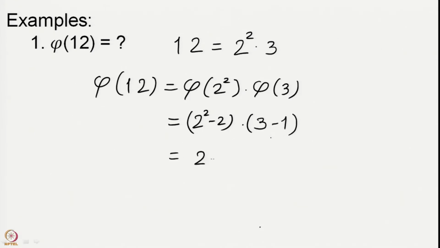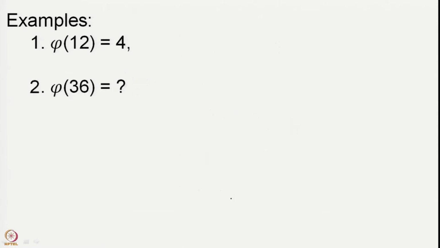So, we have 2 into 2 which gives us 4. So, phi of 12 is equal to 4, quite a simple number. So, phi of 12 is 4.